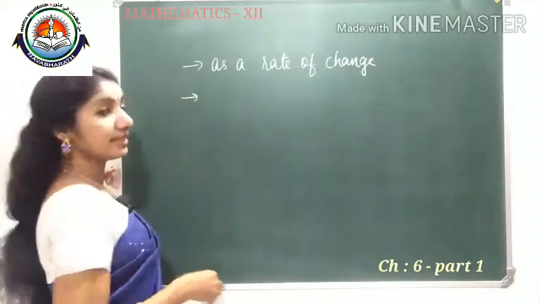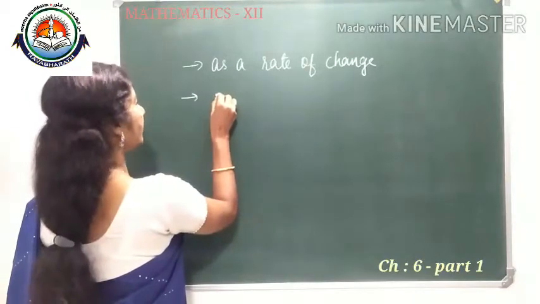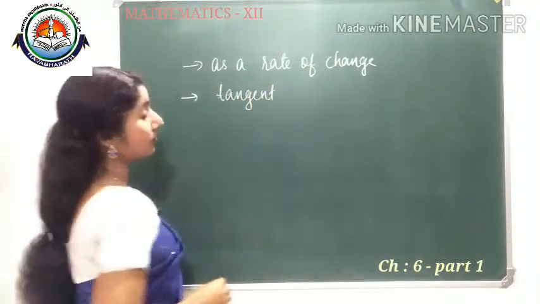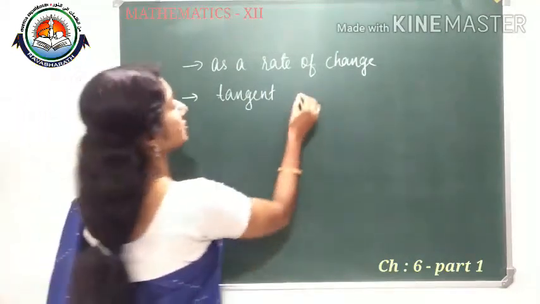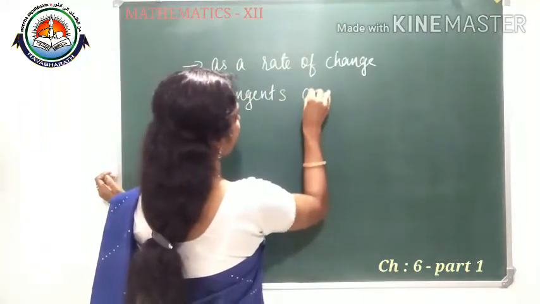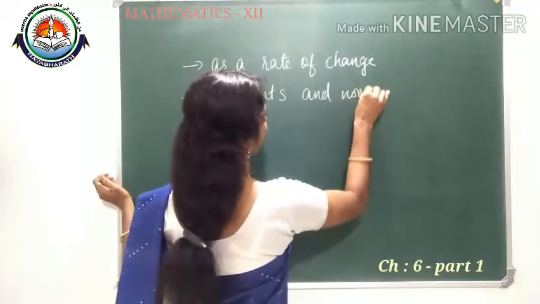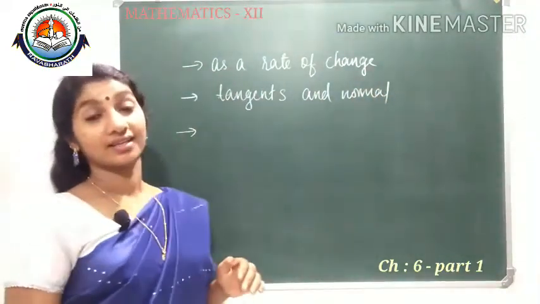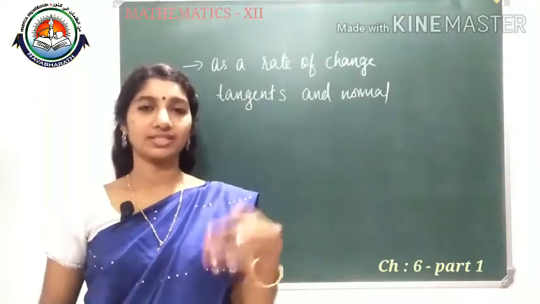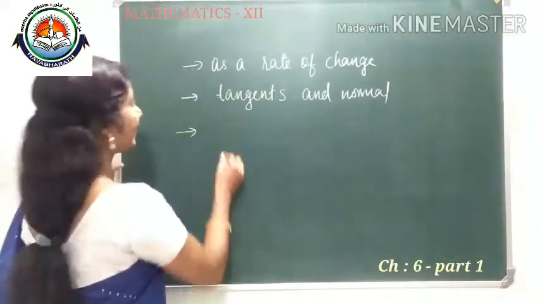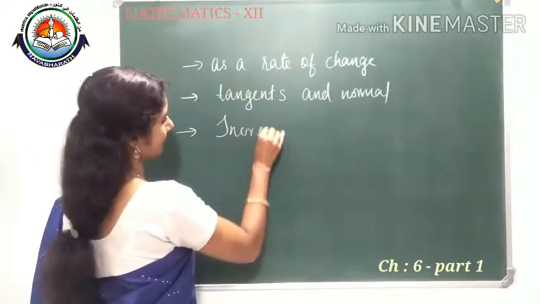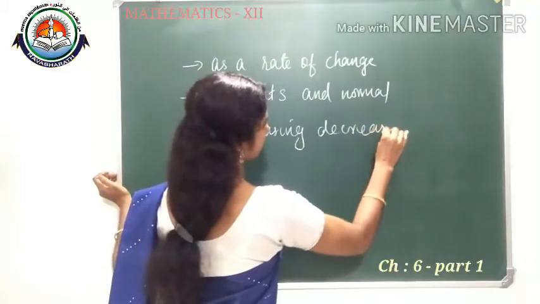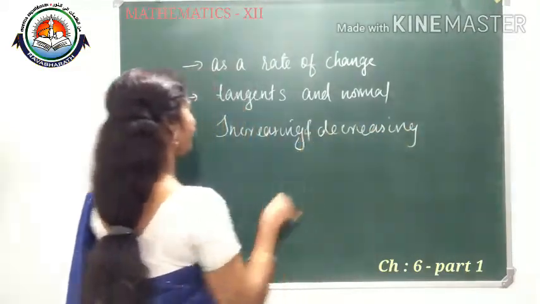Using derivatives, we can find tangents and normals, and we know dy by dx means the slope. We can also find the nature of the function, whether it is increasing or decreasing. Increasing and decreasing functions, we will discuss those.